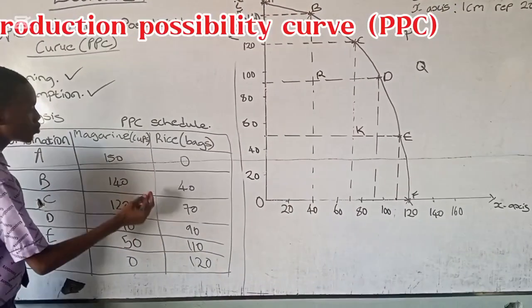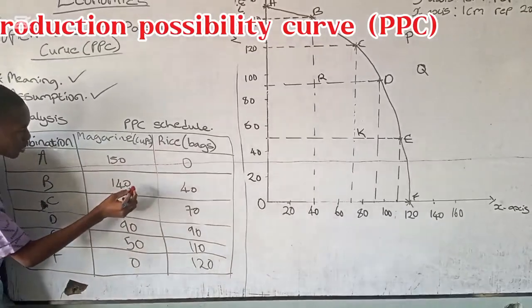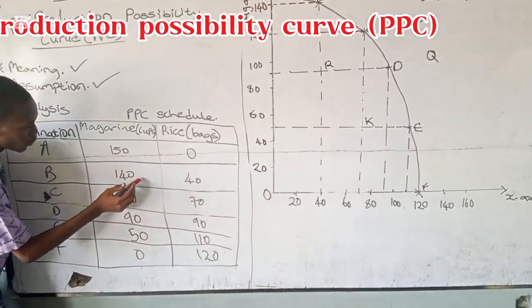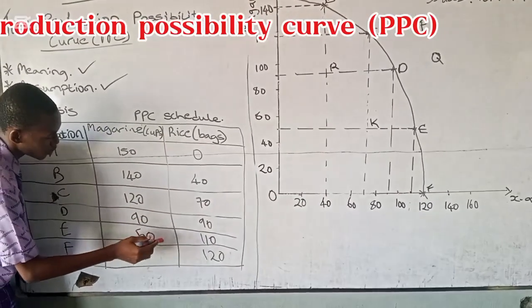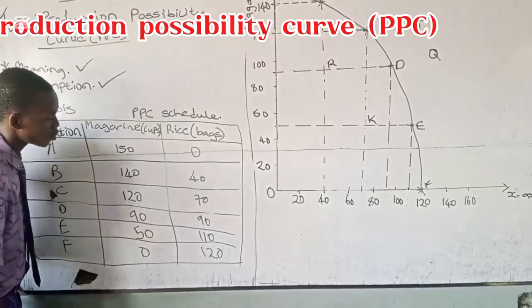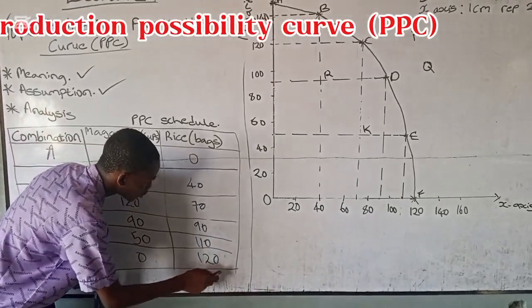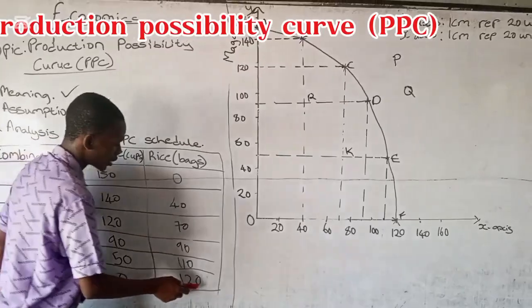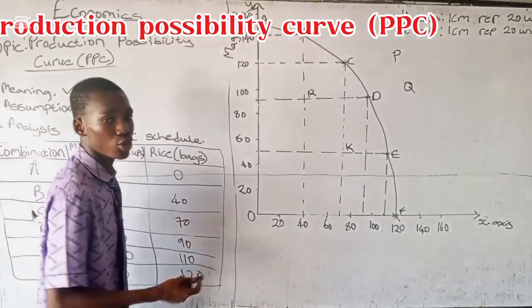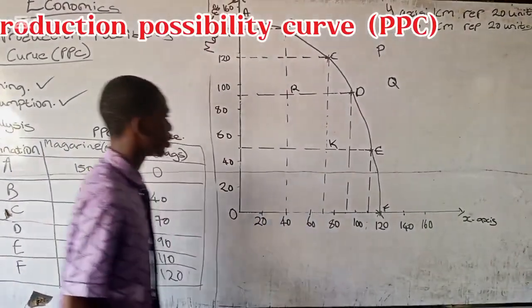And for us to produce more bags of rice, we will continue sacrificing margarine from 140 to 120 cups to 90 cups to 50 cups, and then we have nothing produced. But you will have 120 bags of rice, which is the maximum number of bags of rice we can get because we are given a fixed amount of resources.